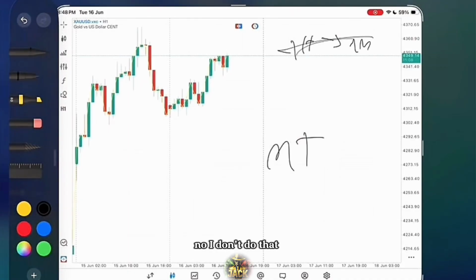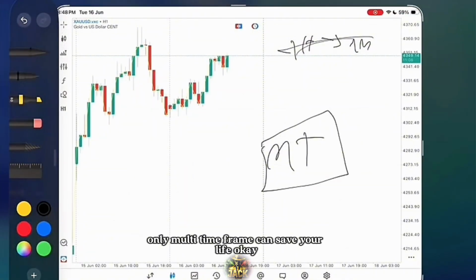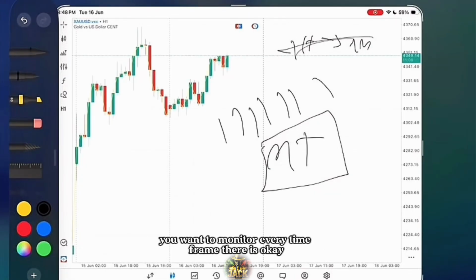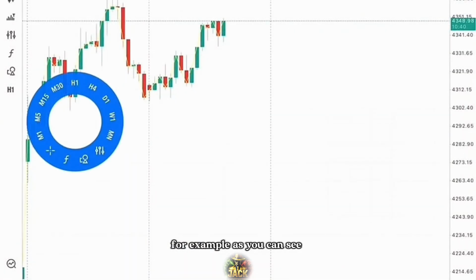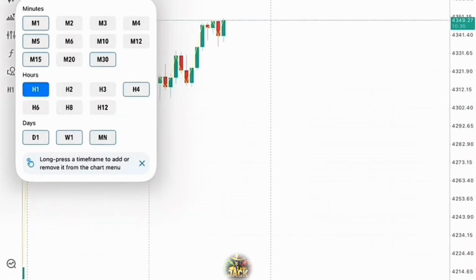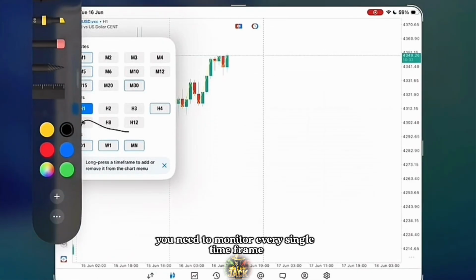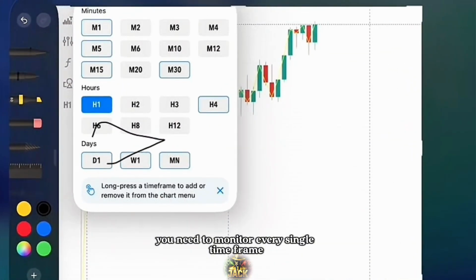No, I don't do that. We use multi-timeframe. Only multi-timeframe can save your life. Okay, you want to monitor every time frame there is. For example, as you can see, all this time frame. You need to monitor every single time frame.